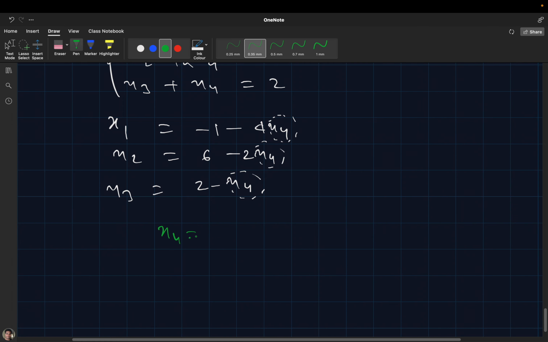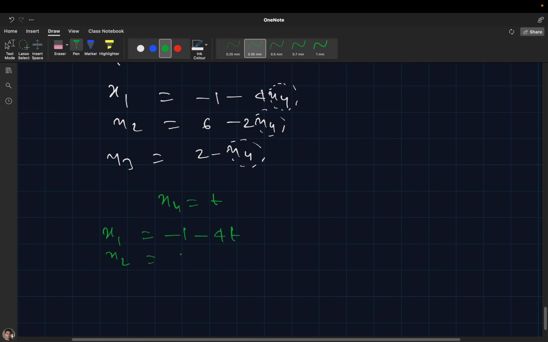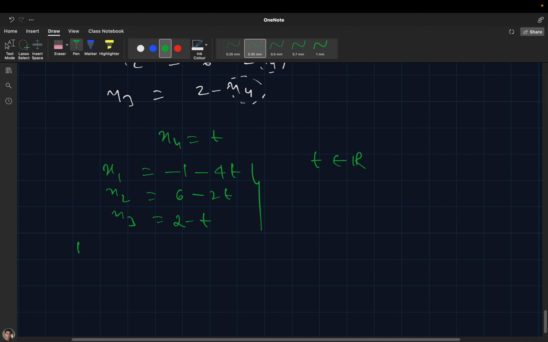If you assume x4 equal to t, then what kind of solution will you have? x1 equal to minus 1 minus 4t, x2 equal to 6 minus 2t, and x3 equal to 2 minus t. So this is the solution, which means that here t is any arbitrary real number. So you will have infinitely many solutions.